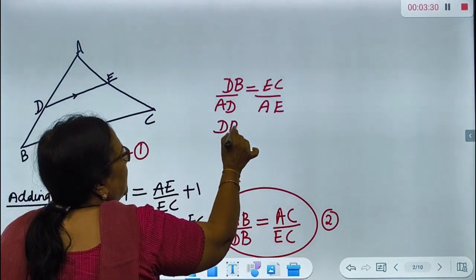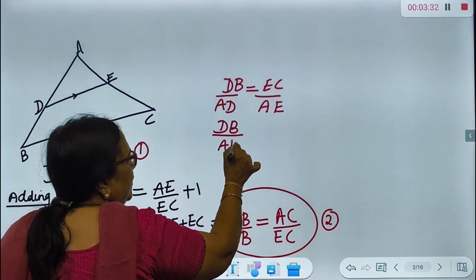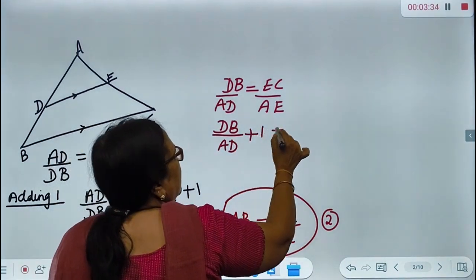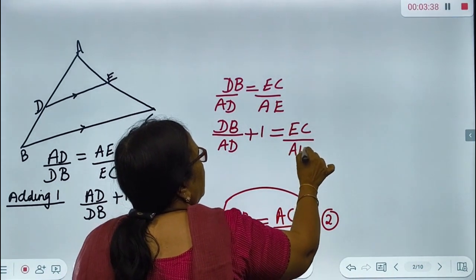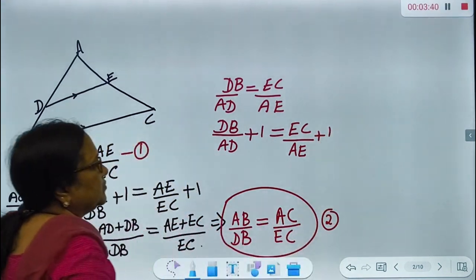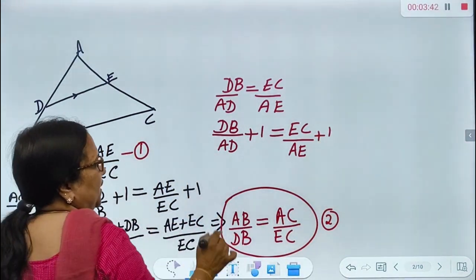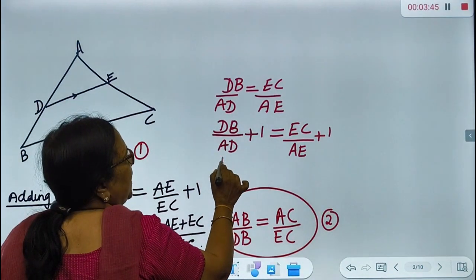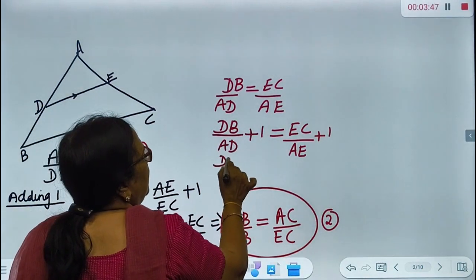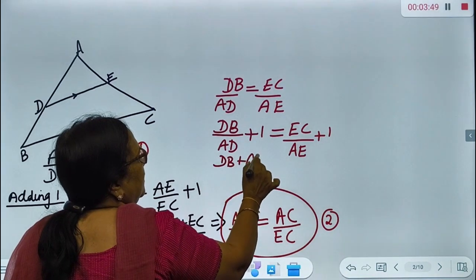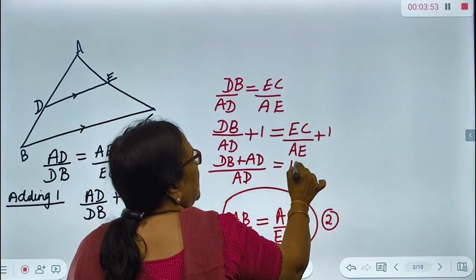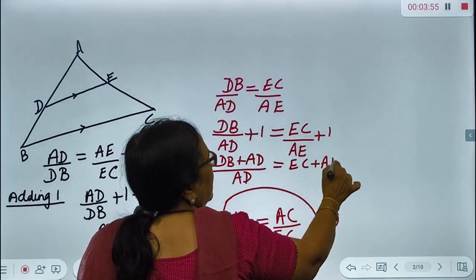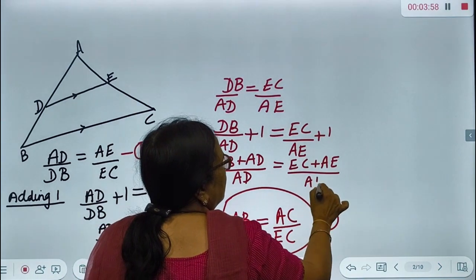So DB by AD plus 1 is equal to EC by AE plus 1, which means DB plus AD by AD is equal to EC plus AE by AE.